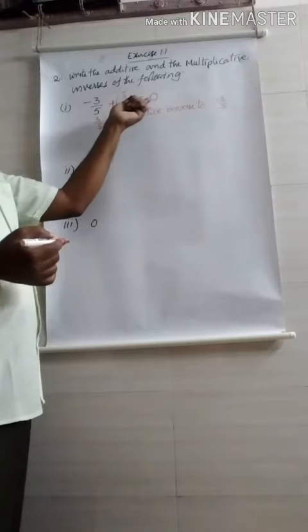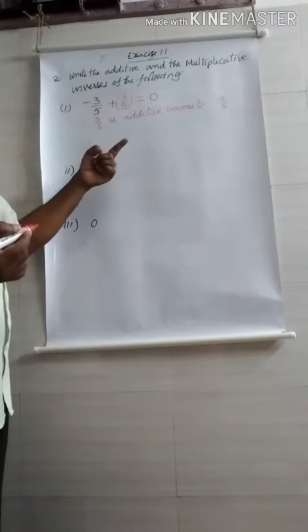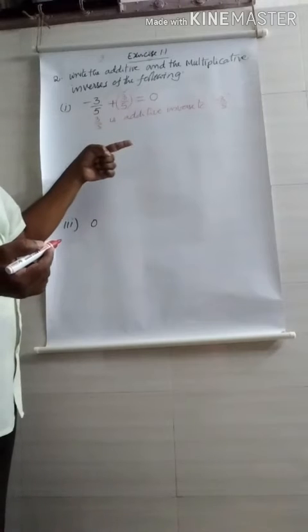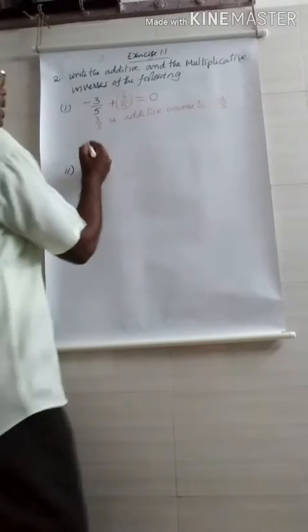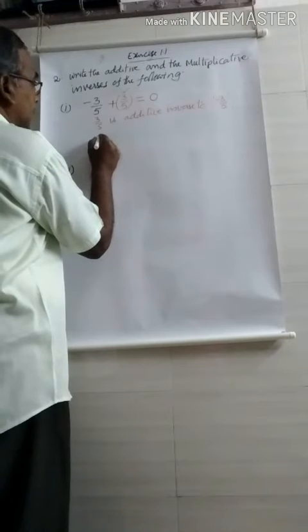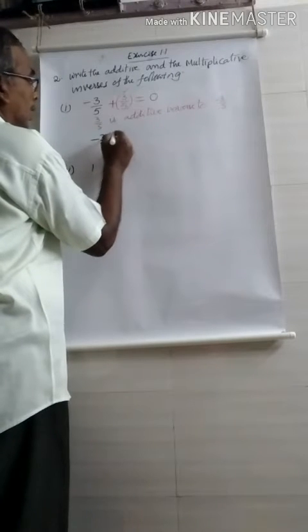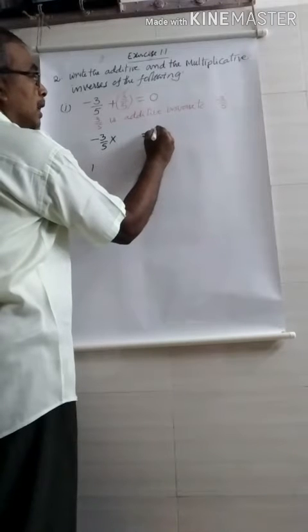Here what we get? Additive identity. Now we need to get the multiplicative identity. What is multiplicative identity? 1. So you may rewrite this one like this: -3/5, you put a multiplication symbol, is equal. What is our target?